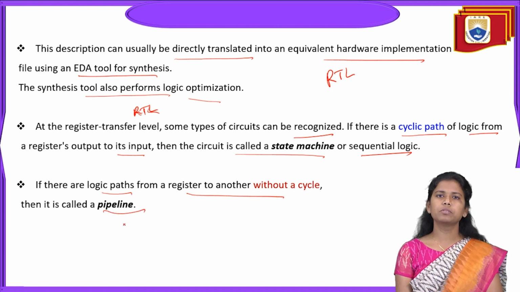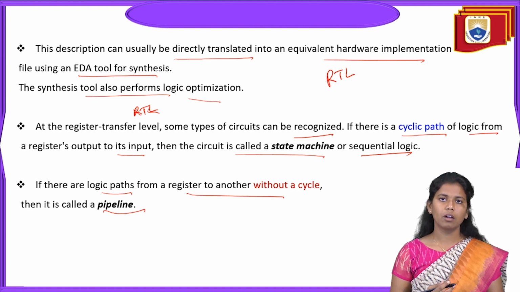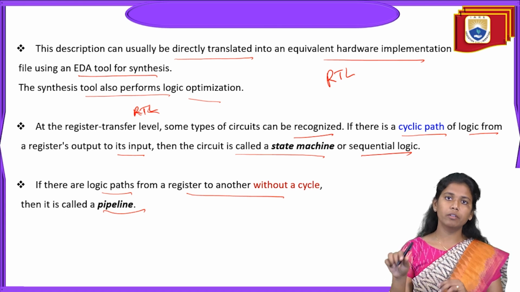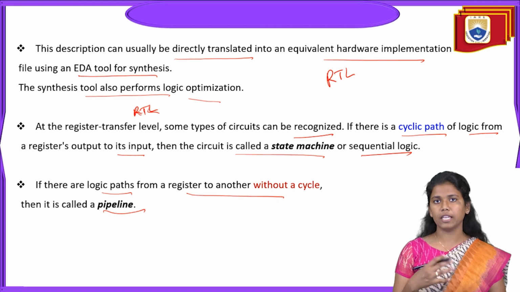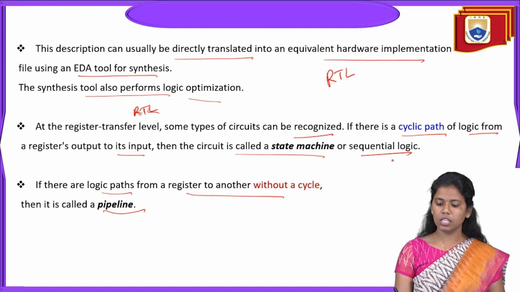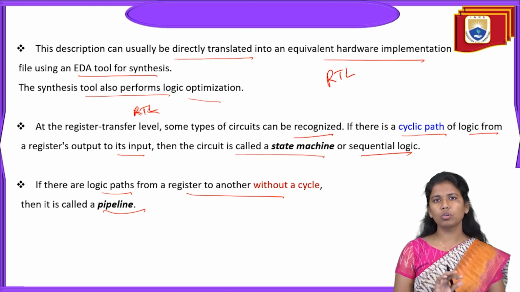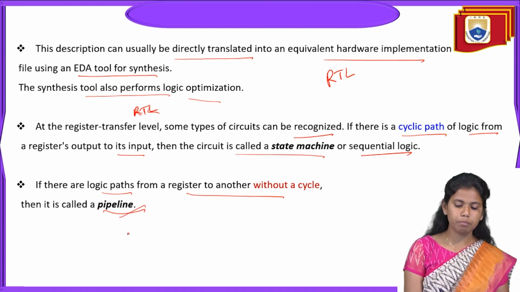So sometimes in the design part, we see some machines with a cyclic path, or the loop kind of thing. If you observe that, then those machines are called state machines or sequential logic. Or if you don't find any loop-like structures, if there is no cyclic path, then it is called a pipeline.